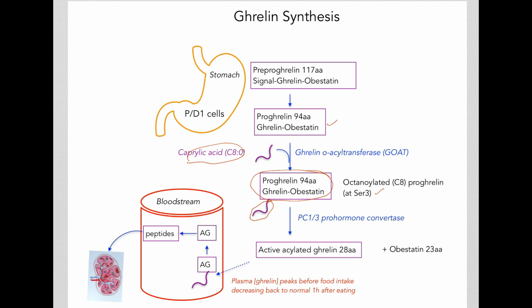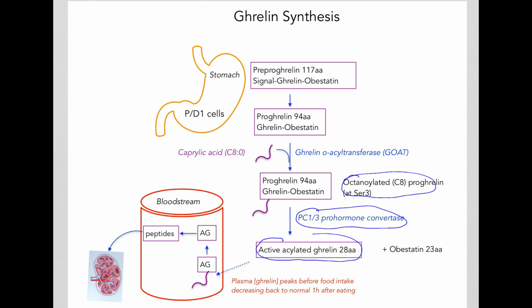This reaction is catalyzed by the enzyme called Ghrelin O-acyl transferase, or abbreviated as GOAT. The octanoylated proghrelin is then acted on by the enzyme PC1/3 prohormone convertase to give us the active acylated ghrelin that has 28 amino acids and the obestatin part that has 23 amino acids.